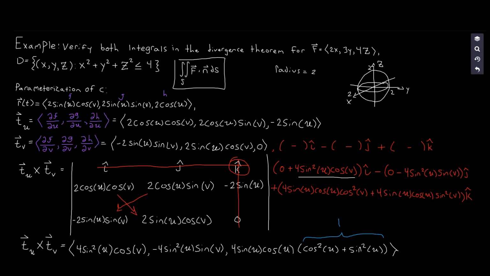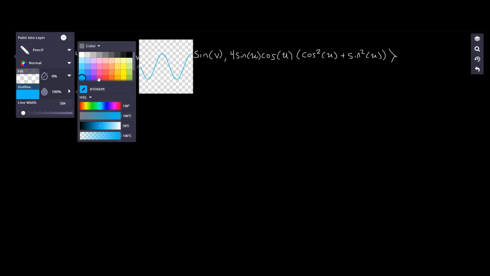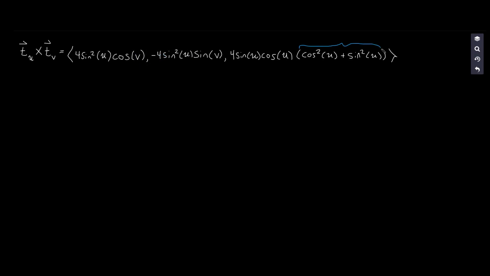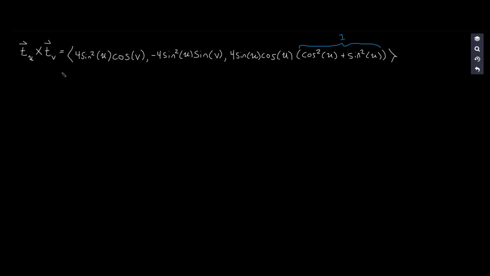Oh yeah, we were to apply the Pythagorean identity. So we've identified that this is going to be a Pythagorean identity, which basically means that it's just going to turn into one. With that, we can collapse the z coordinate into a smaller expression. That is what we're gonna have for x: sine squared of u cosine of v.